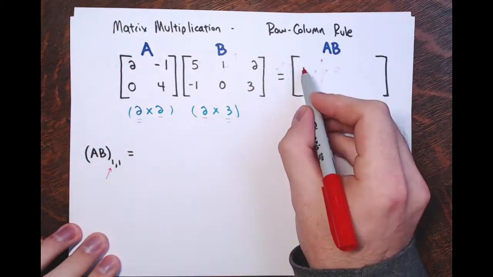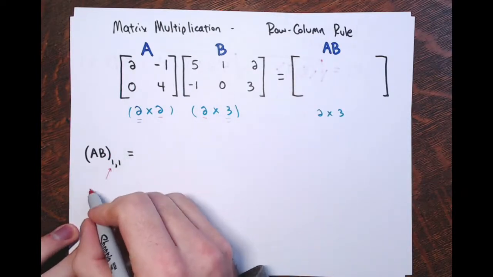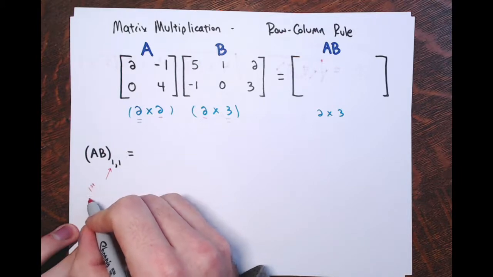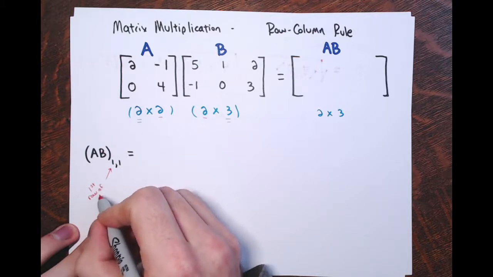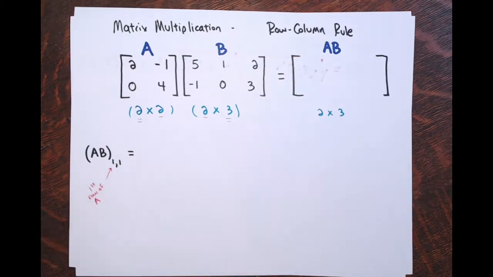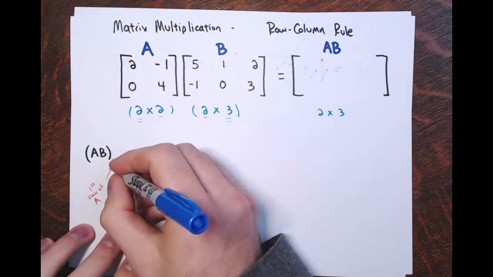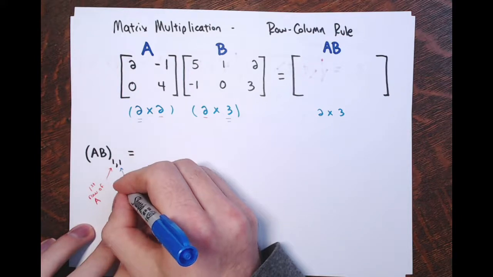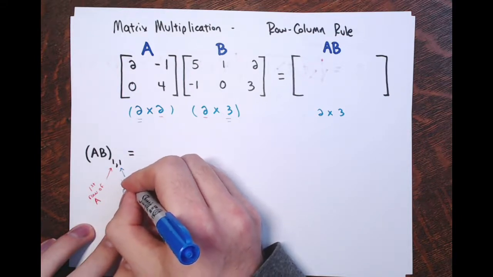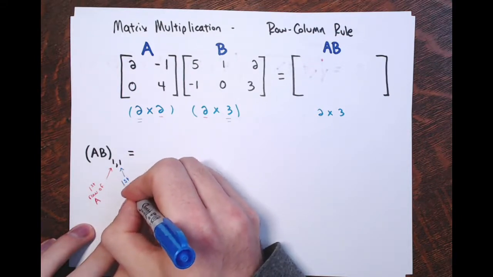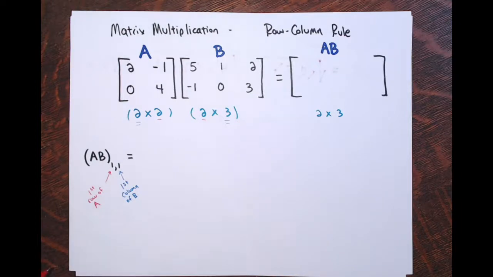For the first row, first column of AB, the product, I take the first row of A and multiply those entries with the corresponding entries of the first column of B. Let me show you what I mean by that.